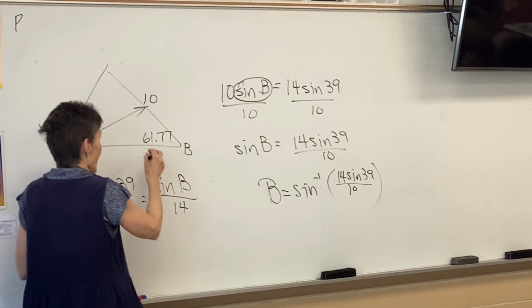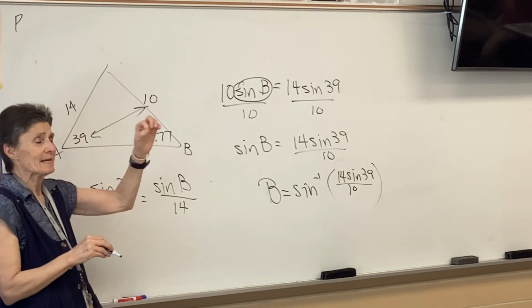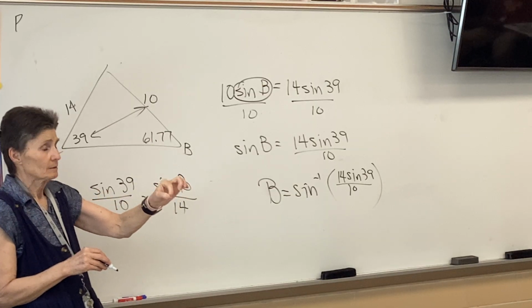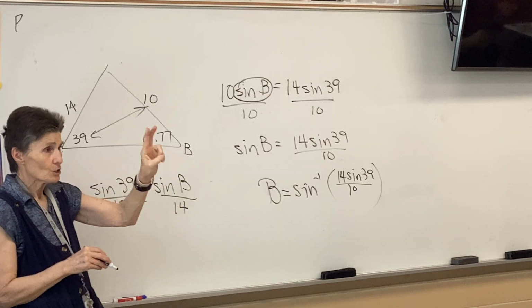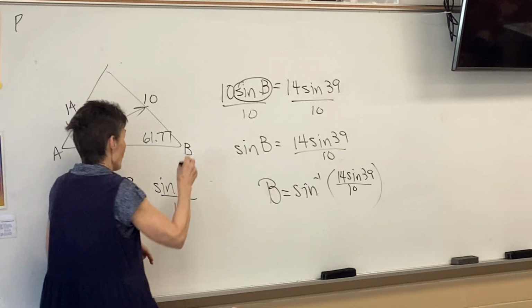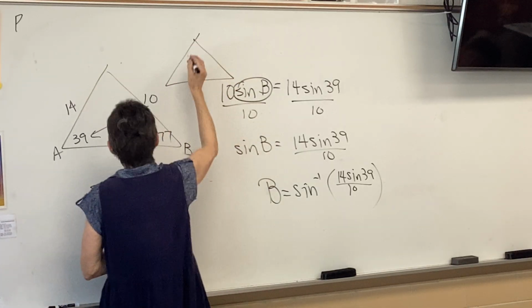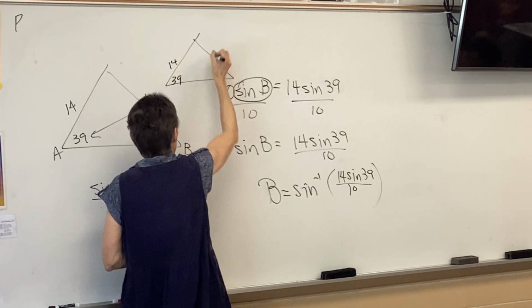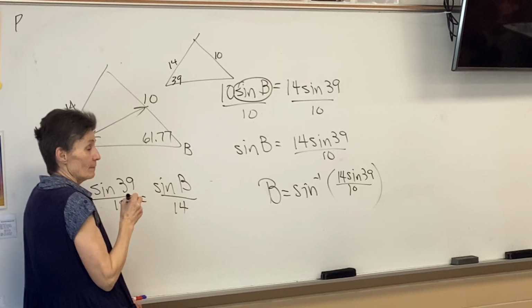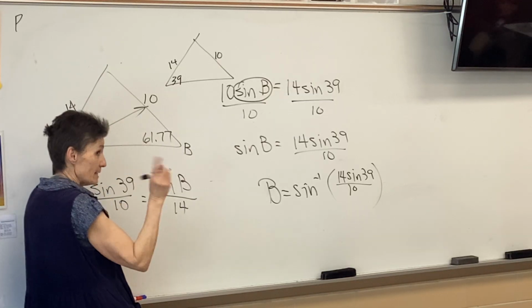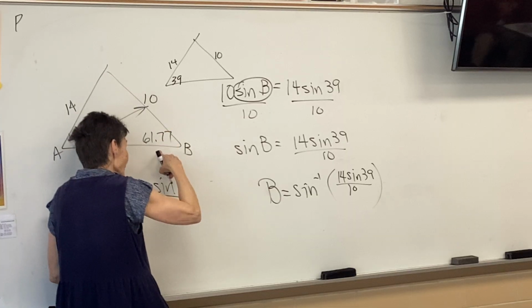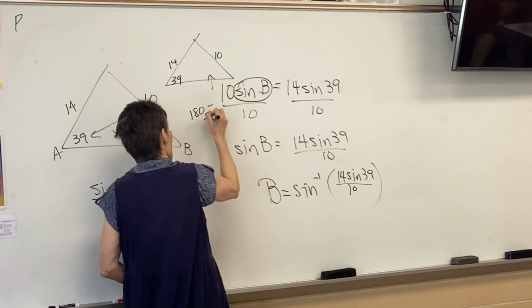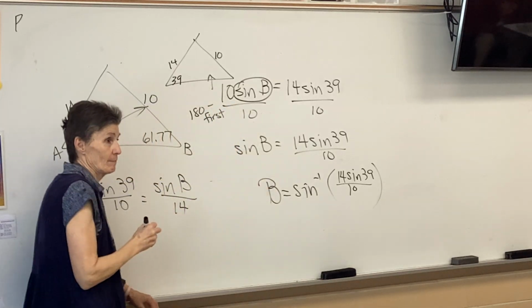All right, now, we got an answer. Focus back up. Now we have to check to see if there are 2. Remember, if there is another one, none of the given is changing. That can't change. If there's another one, that angle will be different, and it will be 180 minus the first angle you got.